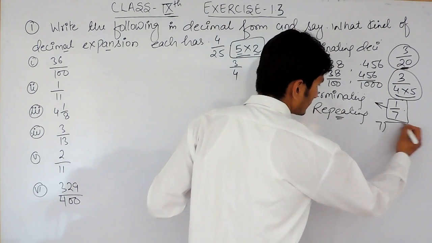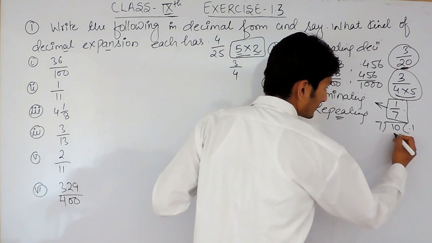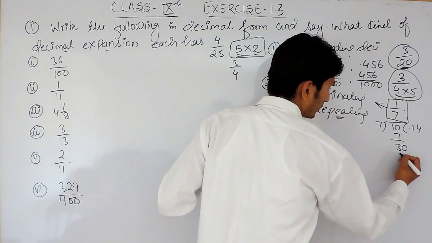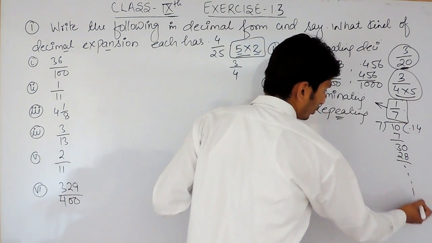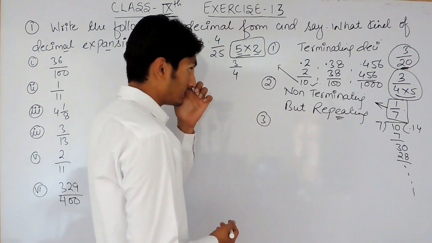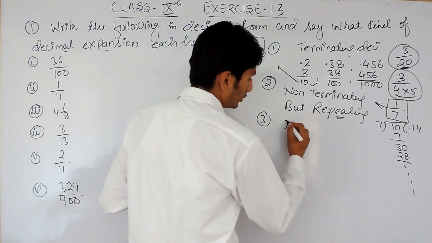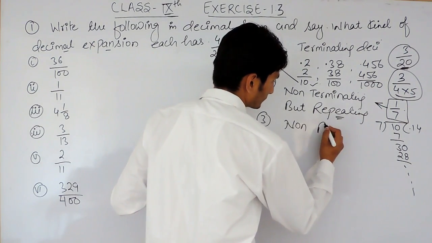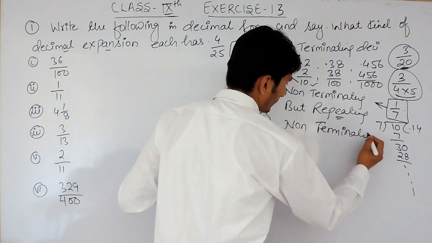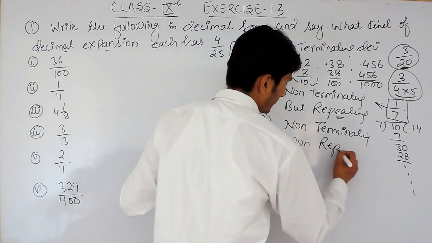So we have to divide 1 by 7, that will be 0.1, then 7, 3, and again 30, 4, 28 and so on. This will never terminate. Now there is a third kind of decimal expansion, that is non-terminating and non-repeating.